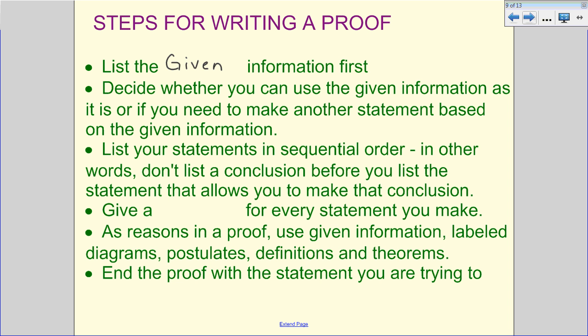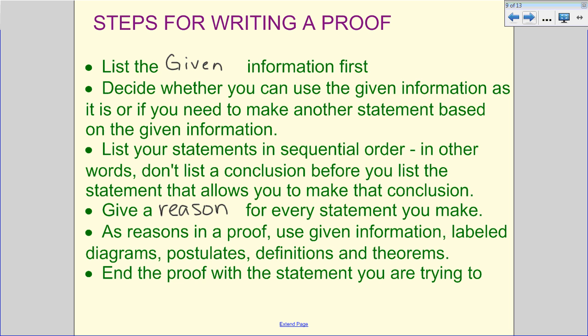What we need to do then is give a reason for every statement we make. And so sometimes our reason has to start off with some sort of statement, and then we conclude it, we justify that. As reasons in proofs, we use given information, so you're going to see the word given. We use labeled diagrams, so we mentioned that they are perpendicular or that they're parallel.